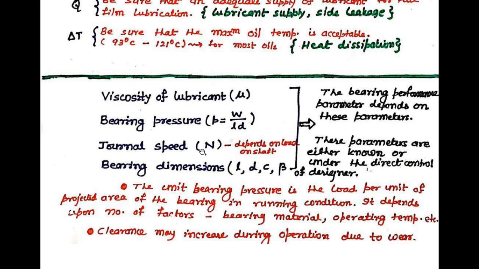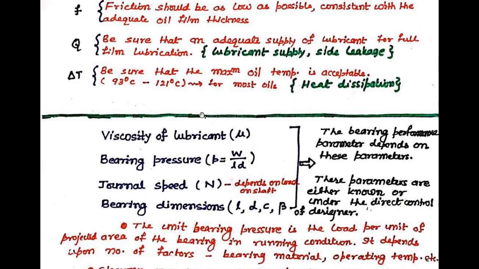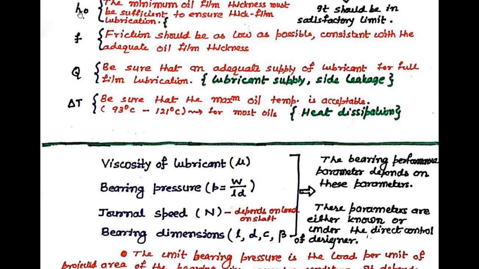By controlling these parameters, the designer can control the performance parameters H0, F, Q and delta T. The bearing performance parameters depend on these parameters. These parameters are either known or under the direct control of the designer.